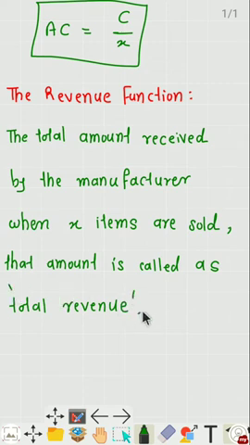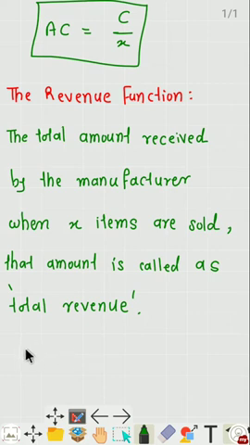So this is the definition of total revenue, and the total revenue function is defined in terms of the demand and the price per item.